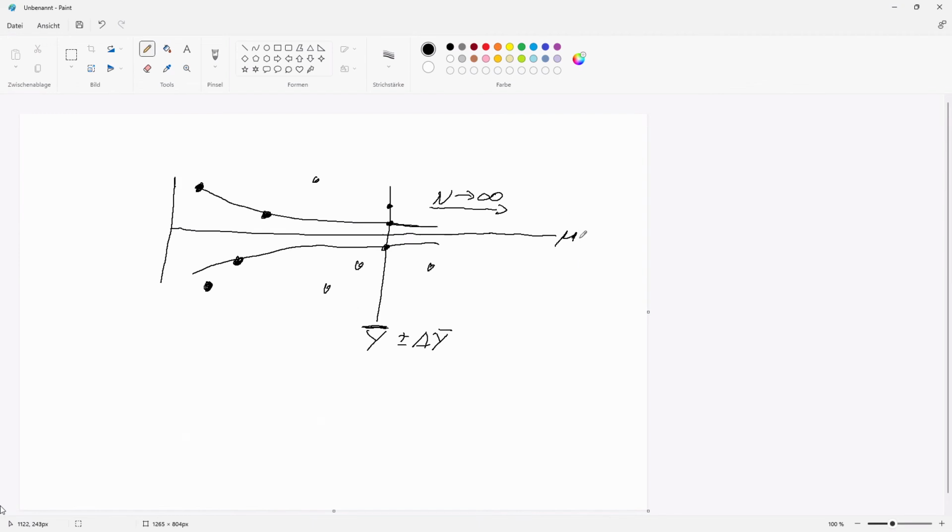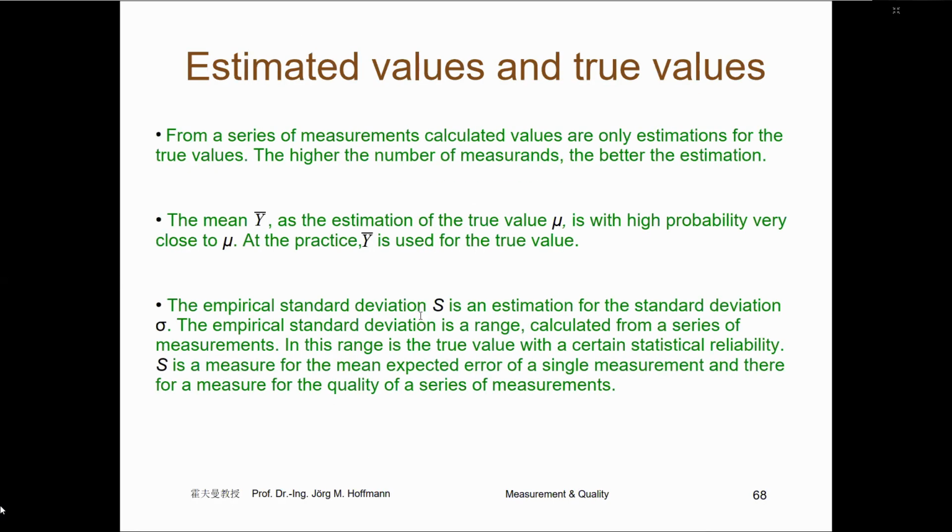This is a true value. The mu has no plus minus, but you can never measure this mu. You can only estimate this mu by the mean with the rest of the error, but this error will be smaller and smaller when you have a higher number of measurement results. So we can say the mean is the estimation of the true value mu.